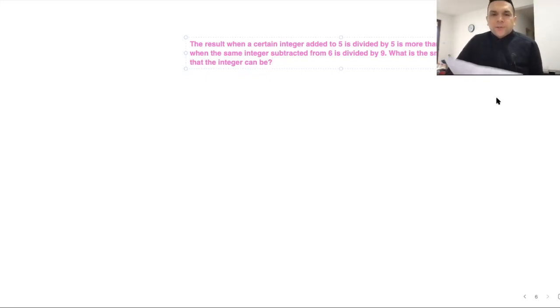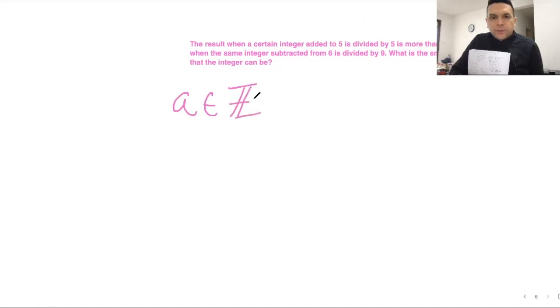Okay, the result when a certain integer. So we can let that certain integer be a. Yes, a would be a certain integer, right? And it says the result when a certain integer, let's say a, is added to 5.